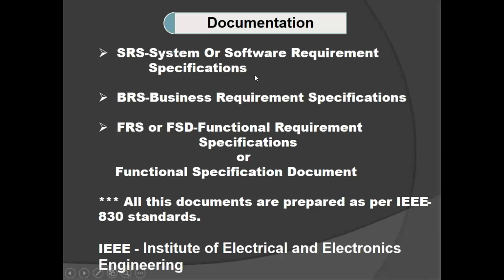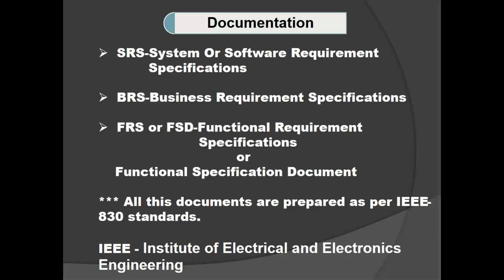SRS stands for Software Requirement Specification or System Requirement Specification. The second one is BRS. BRS stands for Business Requirement Specification or BRD, Business Requirement Document. The third one is FRS. FRS stands for Functional Requirement Specification, and we can also call it FSD, Functional Specification Document. And another one is SOW. SOW stands for Statement of Work.